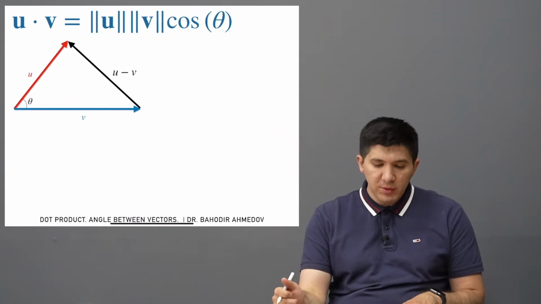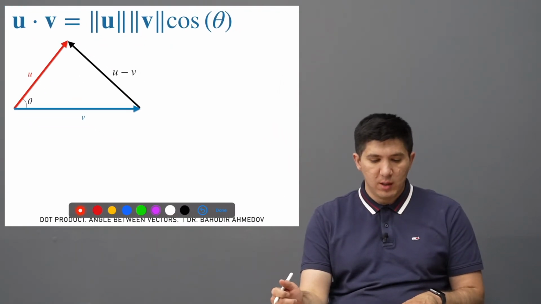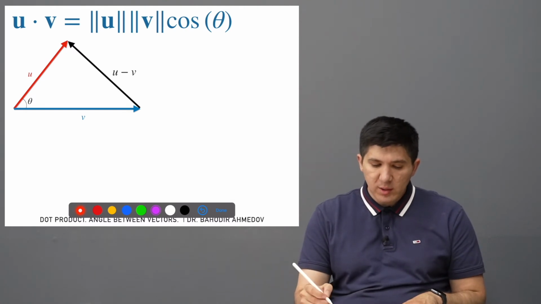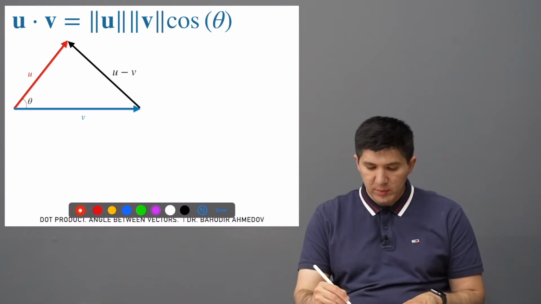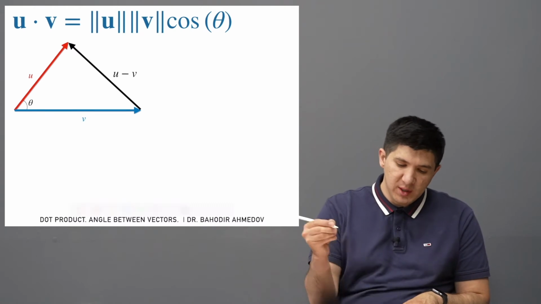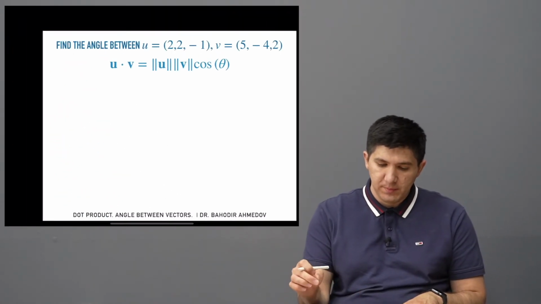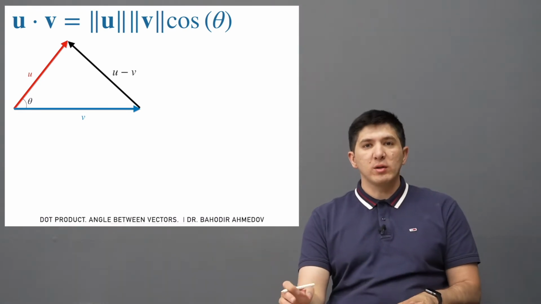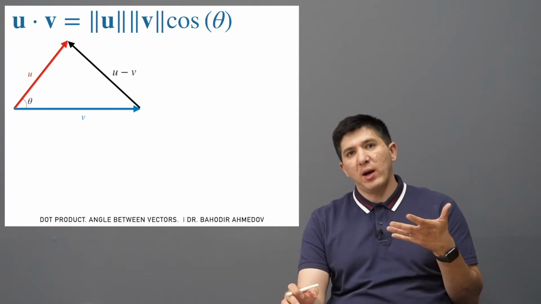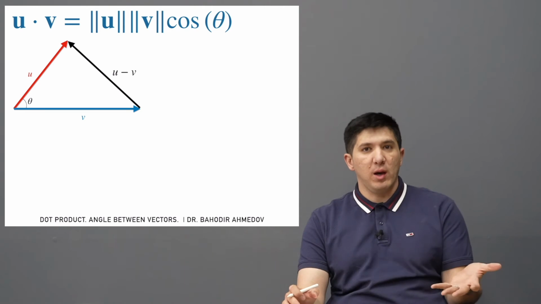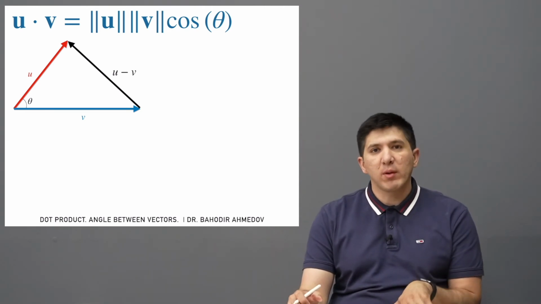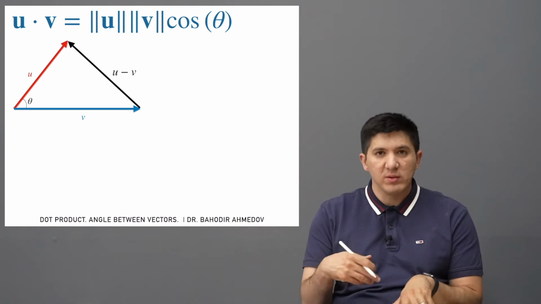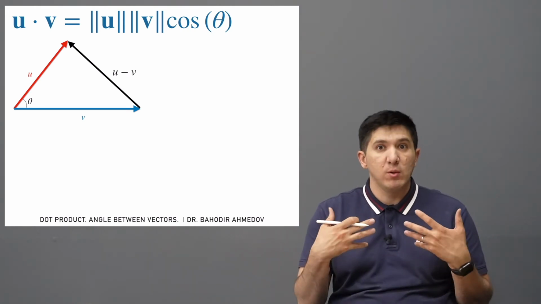Now we are going to prove this equation using some manipulations from this triangle, and I would like to remind you of the cosines theorem. The cosines theorem involves the lengths of the three sides of the triangle and one of the angles.